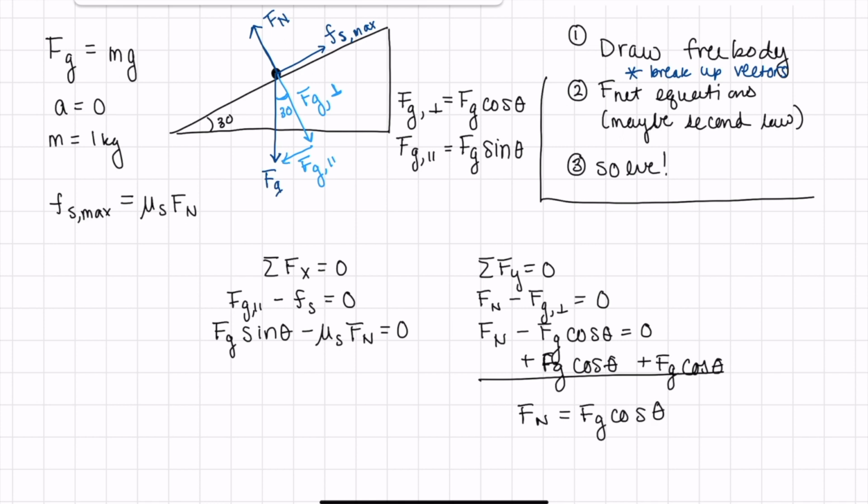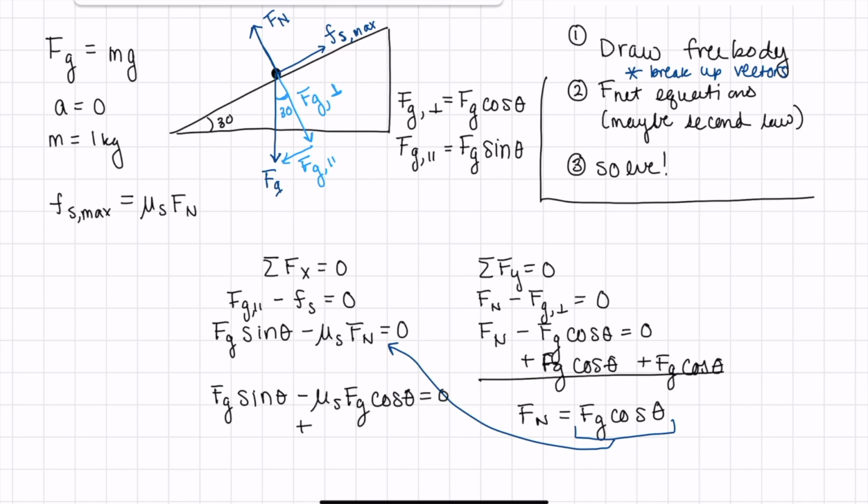I'm going to leave this here, and then this whole expression that we just found for Fn is what we're going to put in there. Then we'll have Fg sine theta minus mu s Fg cosine theta equals 0.